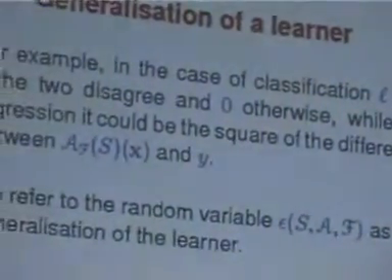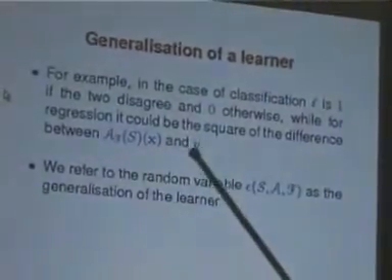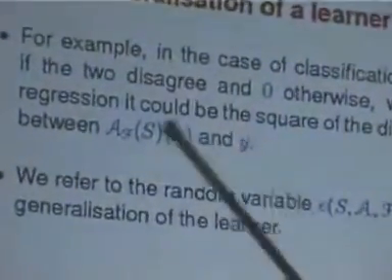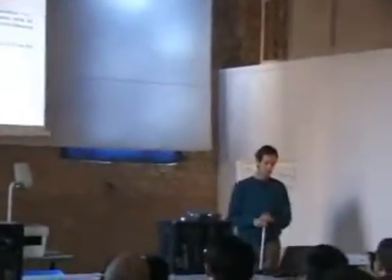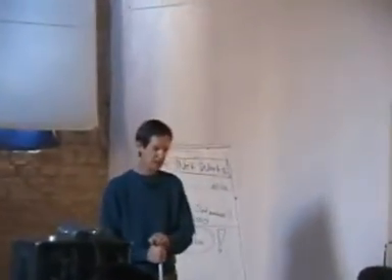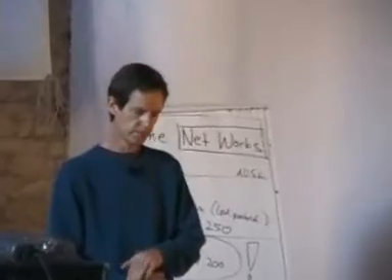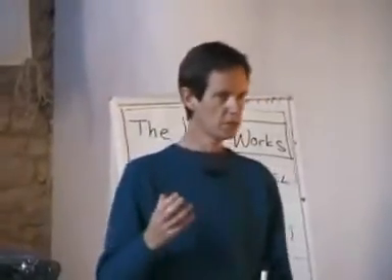While for regression it could be the square of the difference between the output of the function, which will now be a real value, and the true output. Of course, it'll only be accurate to a certain degree, so you take the difference between these and square it, and the loss is not a discrete quantity in that case. So we're going to refer to this random variable, epsilon_{S,A,F}, as the generalization error of the learner. Okay, so it's a very, very core concept.